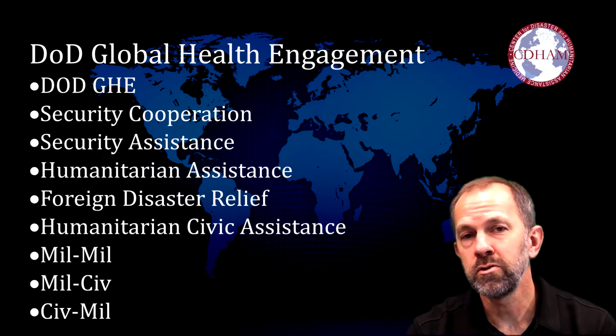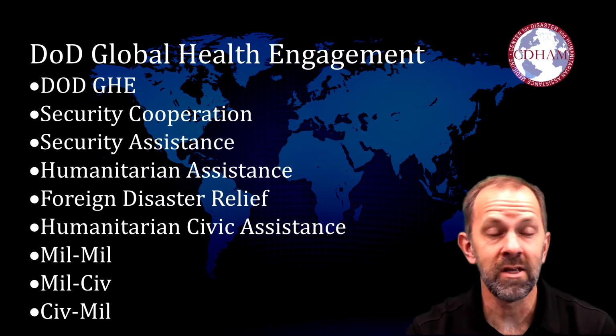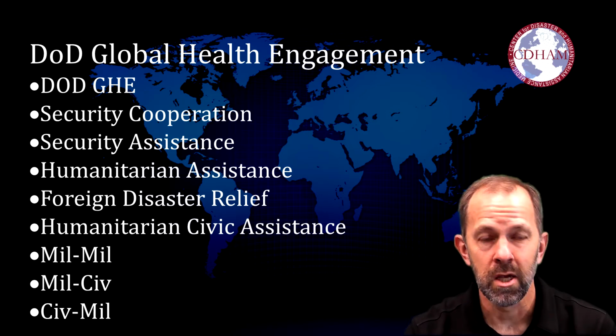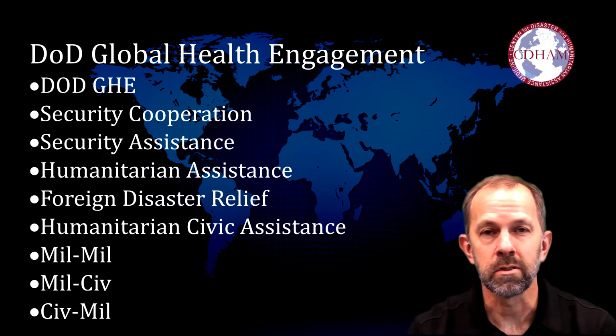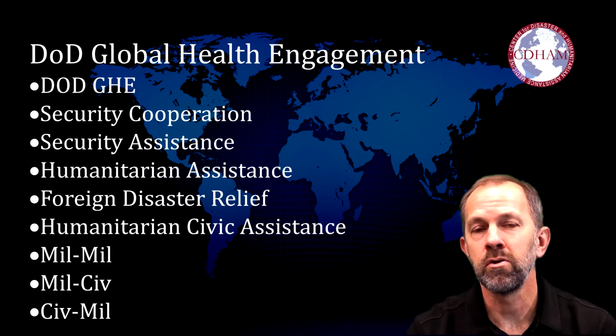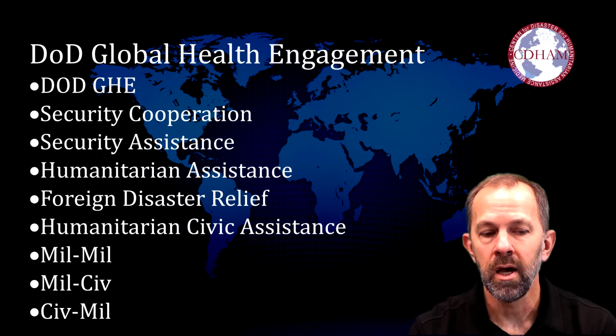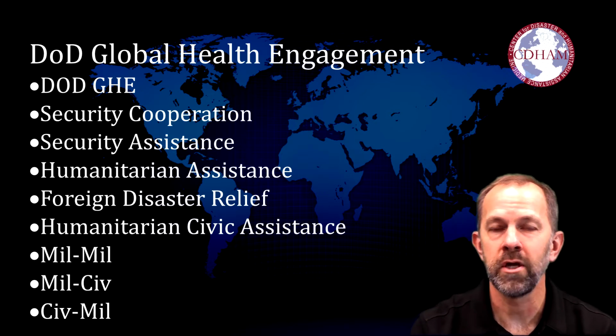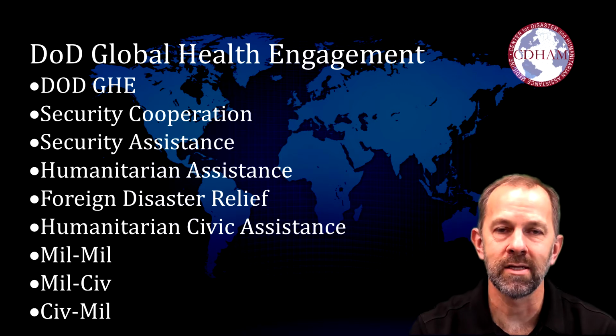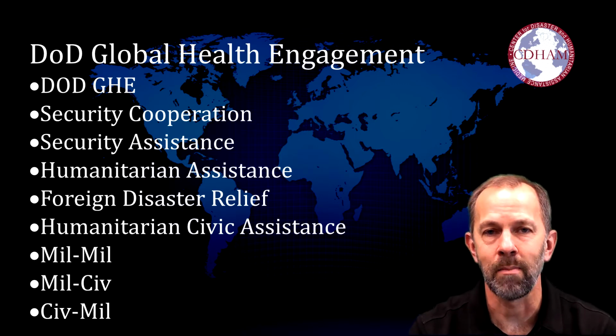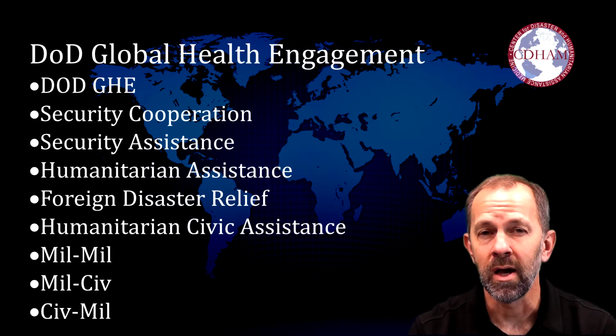Stability operations: really the broad range of activities that are not combat operations. At least we are to be able to execute those with the same proficiency that we execute combat operations. Within this stability operations umbrella, there are a variety of activities that may be executed.